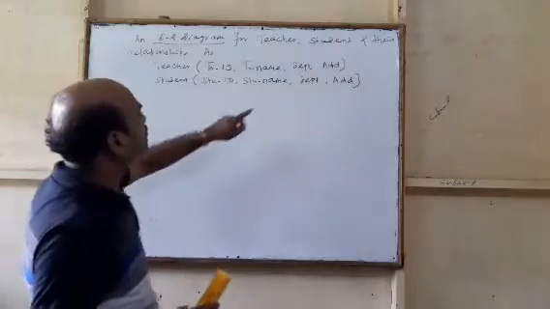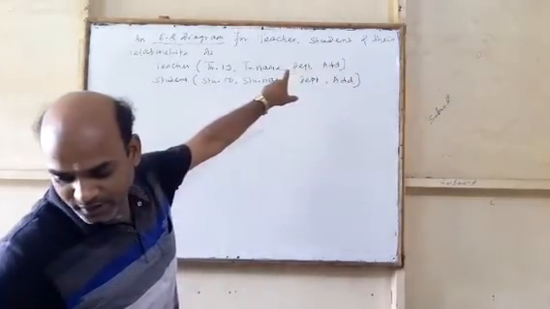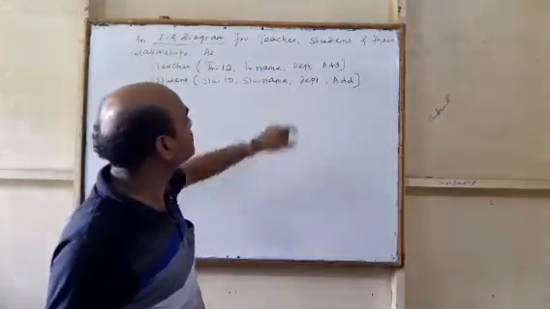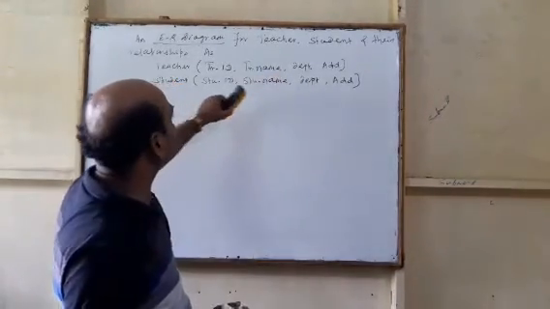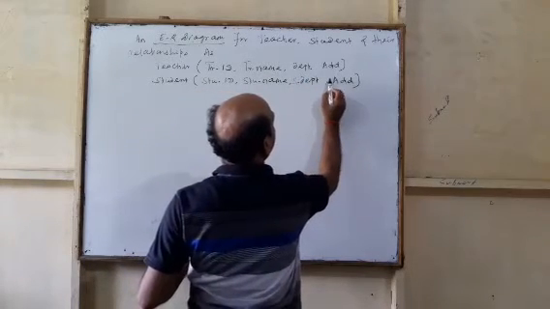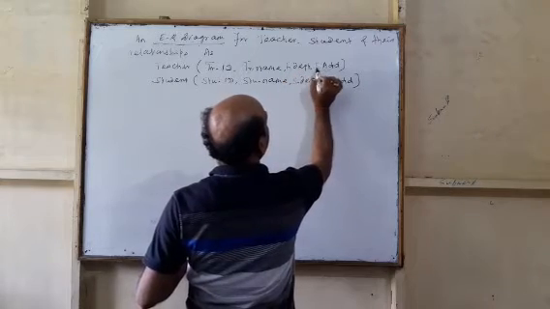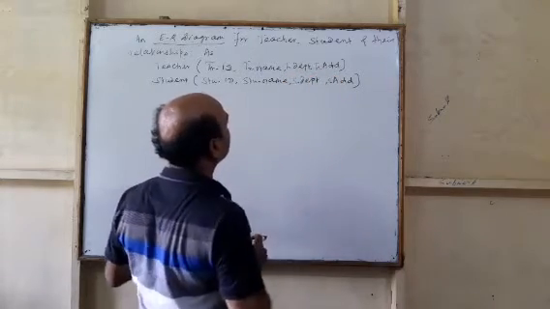So here two attributes, department and address, are the same, but you can distinguish them also. Suppose for the address of a student, you can write student address, and for the teacher, teacher address and teacher department.